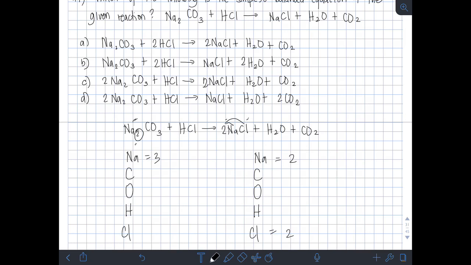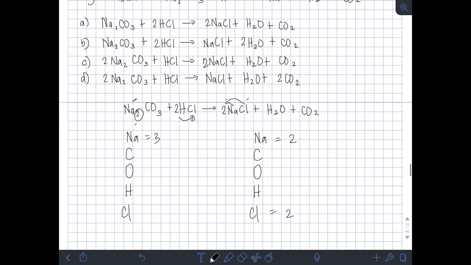So, mapapansin nga dito sa kaliwa, yung chlorine is 1 lang. So, pwede tayong mag-multiply ng 2 din dito sa HCl para magkaroon din siya ng total atom ng chlorine na 2. So, therefore, chlorine dito sa kaliwa is 2 na rin. So, check natin kung pareho na ba yung mga bilang ng atoms ng other elements. So, sa carbon, meron tayong 1 sa kaliwa, sa kanan meron ding 1. So, pareho na sila. For oxygen, meron tayong 3 dito, and then sa kaliwa, meron tayong 2 and then 1.